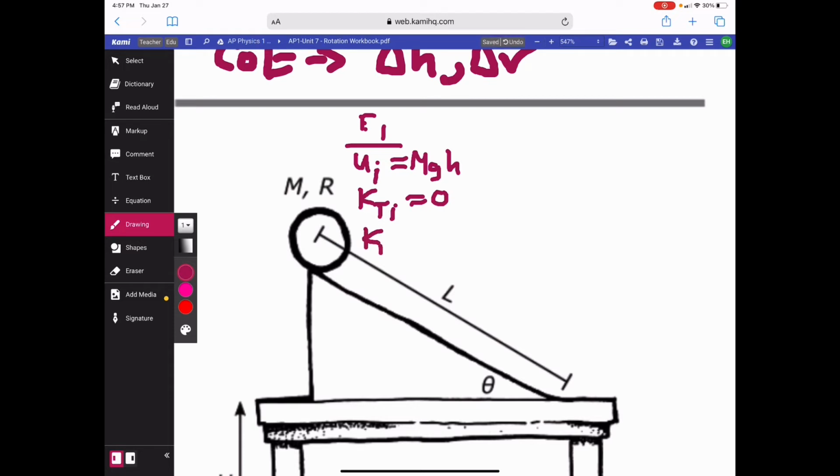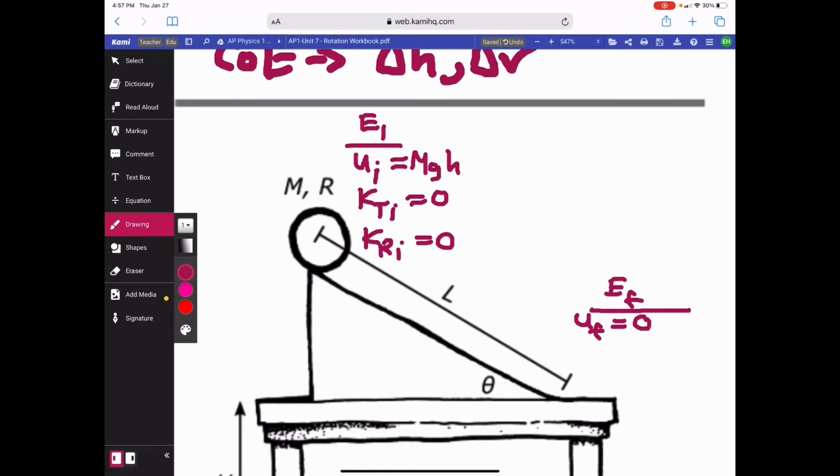And your rotational kinetic energy initially is also 0, because we're releasing it from rest. The final energies, well, you don't have any final potential energy, so that's going to be 0.